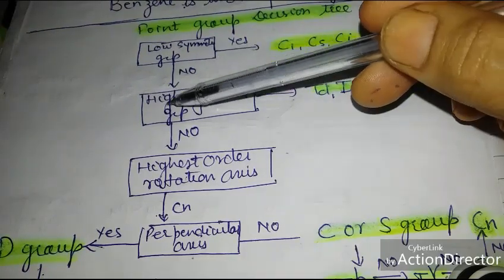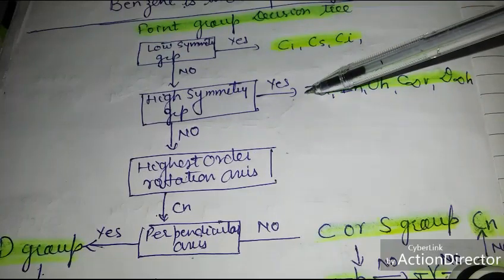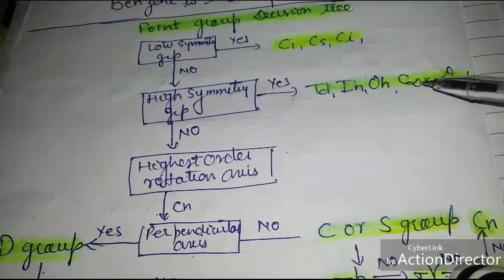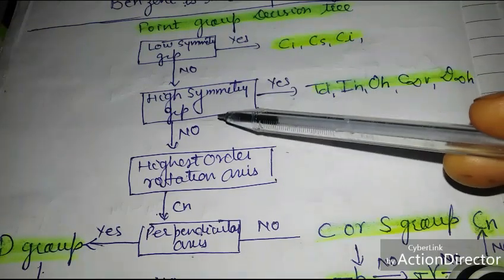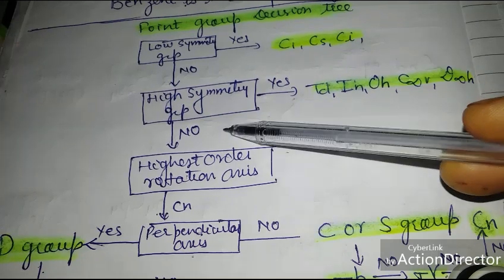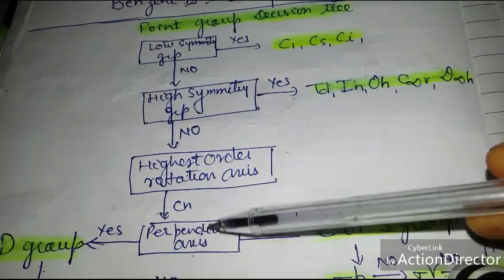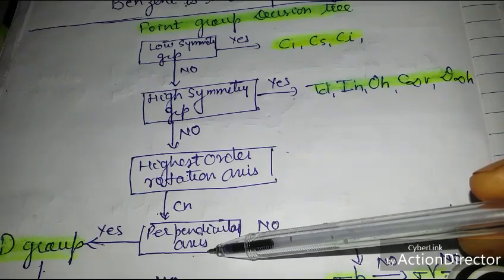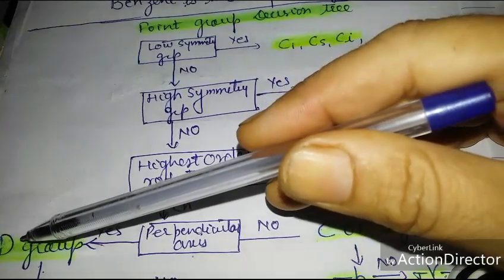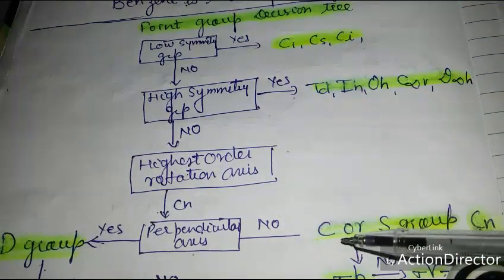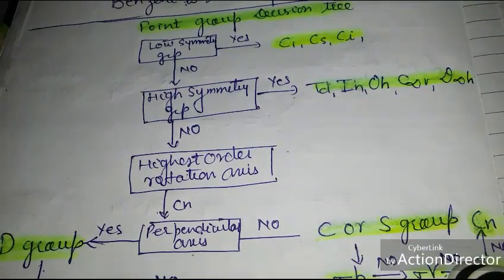If not present, look for high symmetry groups. If a high symmetry group is present, it can be TD, IH, OH, C infinity V and D infinity H. If a high symmetry group is also not present, then look for the highest order rotation axis CN and see whether a C2 axis is perpendicular. If it is perpendicular, then you will be looking for the D group. If not, then you will be looking for the C and S groups.